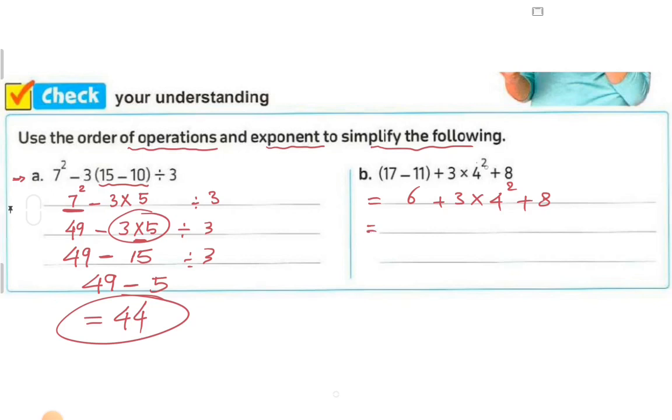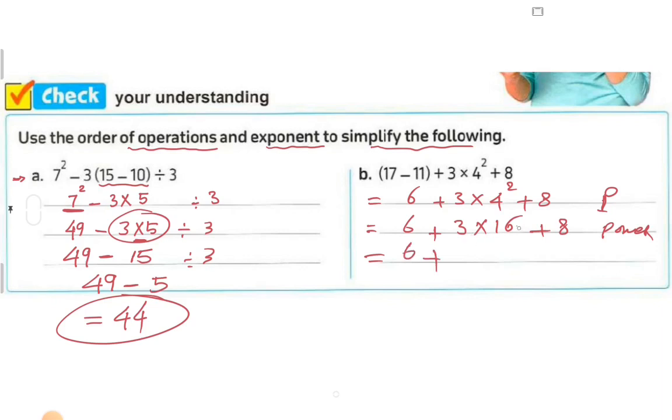After parentheses we do the power, or exponent. 4 power 2 equals 4 by 4, which equals 16. Then we start with multiply or divide.